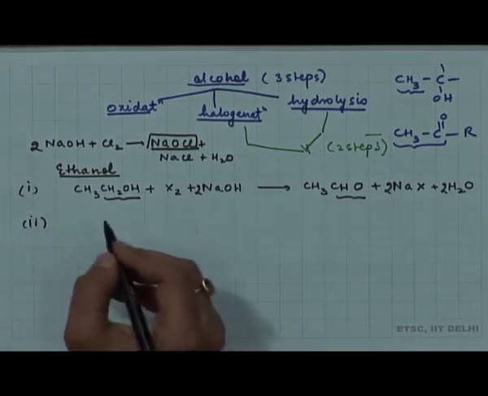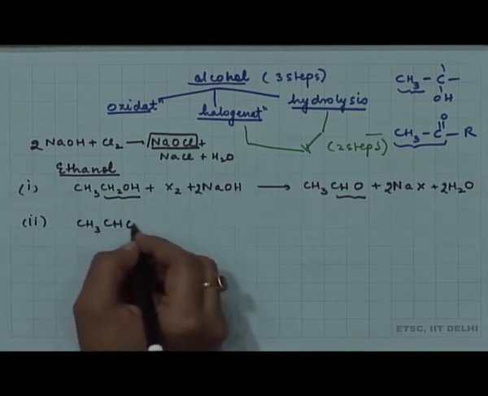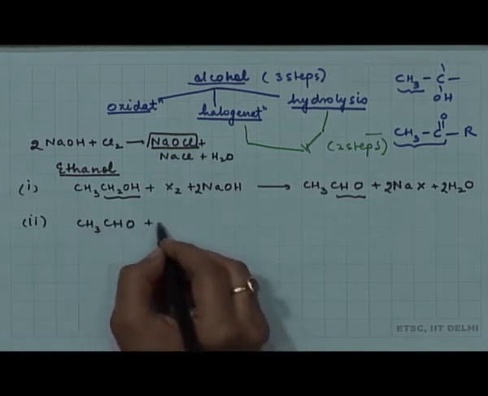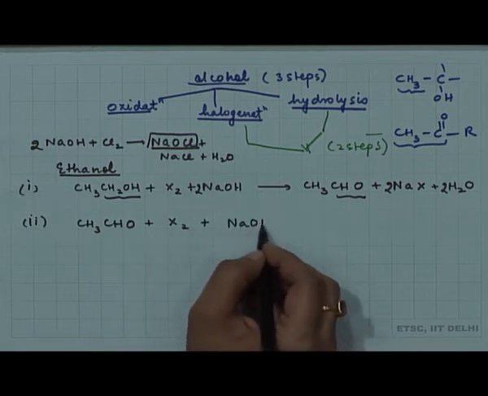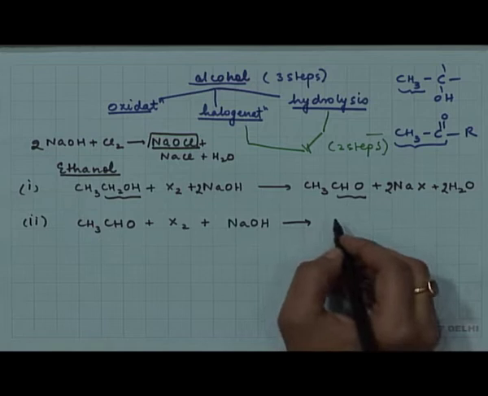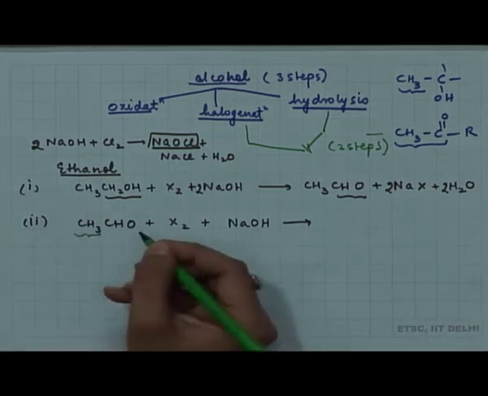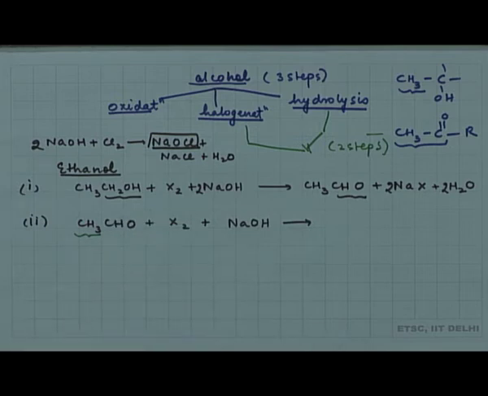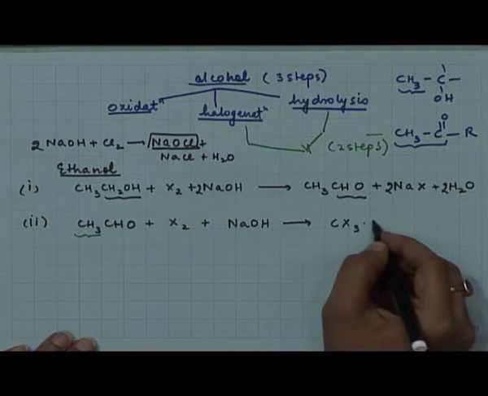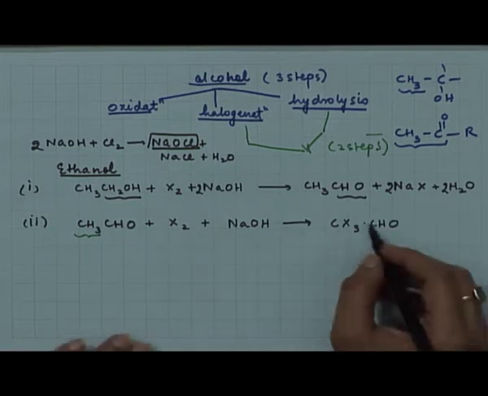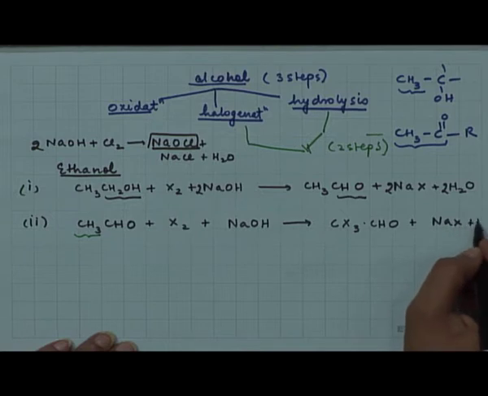The second step is halogenation, in which once you get the corresponding acyl functionality in the presence of halogen and base, all the 3 alpha hydrogens of the aldehyde or the acyl unit are replaced by the corresponding halogen, and you get this kind of a product along with formation of NaX and water.